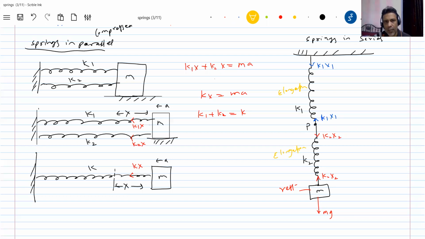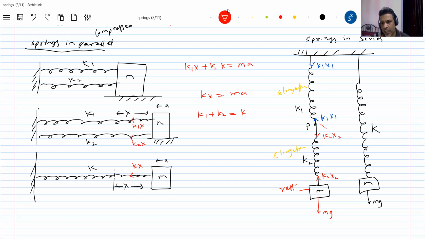I want to replace this with an equivalent spring. What should be the spring constant? Here, let this be mg. How much is the elongation in this spring? Let it be x, with force kx.